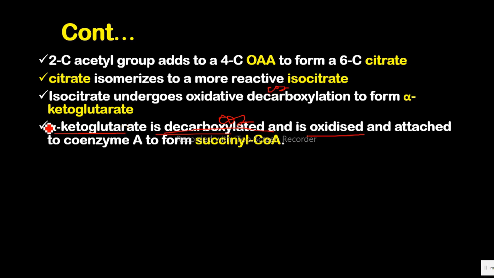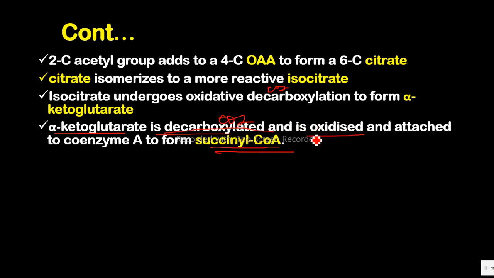So from 6 to 5, now you've lost another one, to form a 4 carbon compound. You lose carbon dioxide, you are decarboxylated, and you are oxidized.